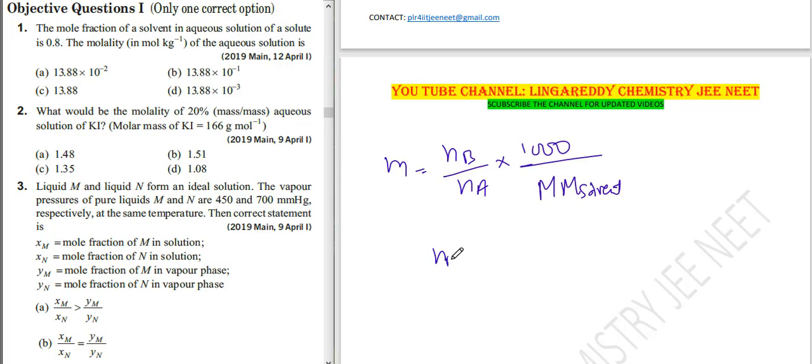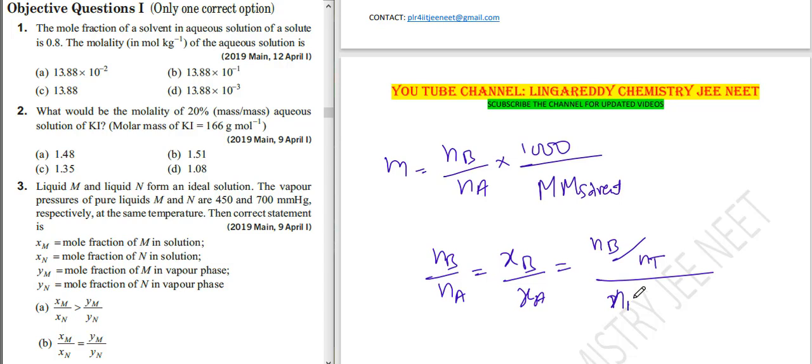But nB by nA, I can write as XB by XA. Why? These are mole fractions. XB means number of moles of B upon total number of moles. XA means number of moles of A upon total number of moles.